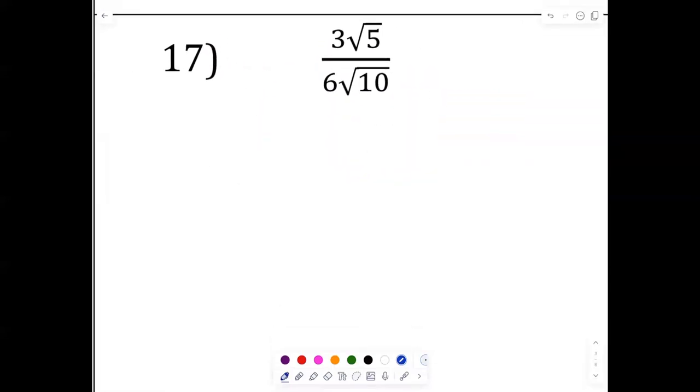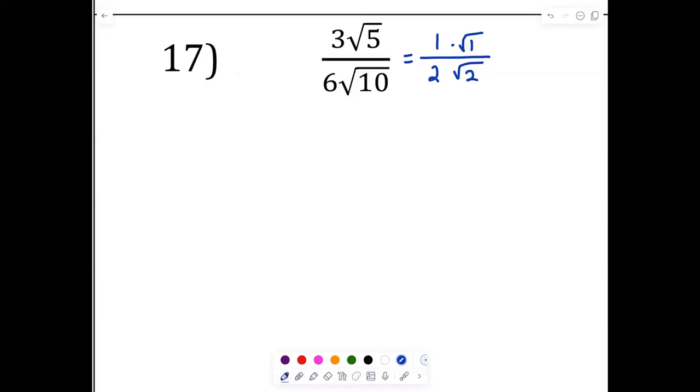17. What did I always tell you to do with fractions? Reduce or simplify. Always look to see if you can simplify. Can the 3/6 reduce to 1 over 2? What about 5 over 10? Yes, that reduces to square root of 1 over the square root of 2. But of course, what's the square root of 1? 1, right?